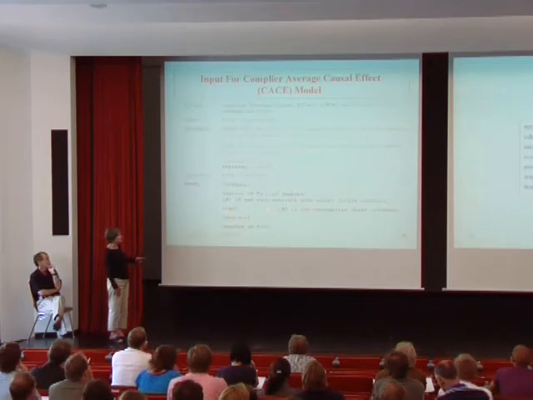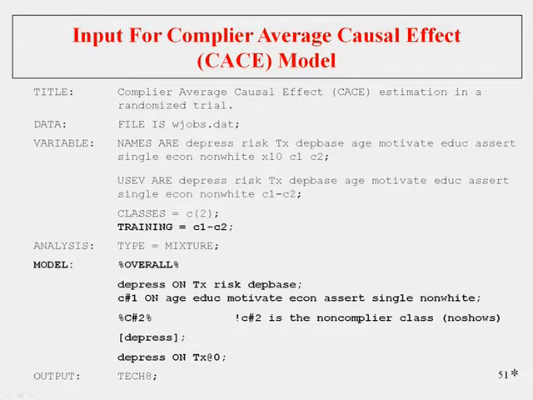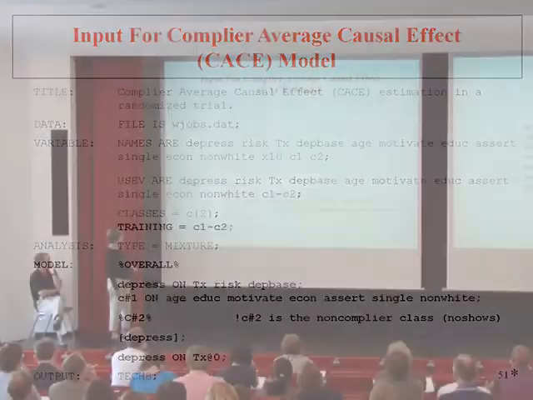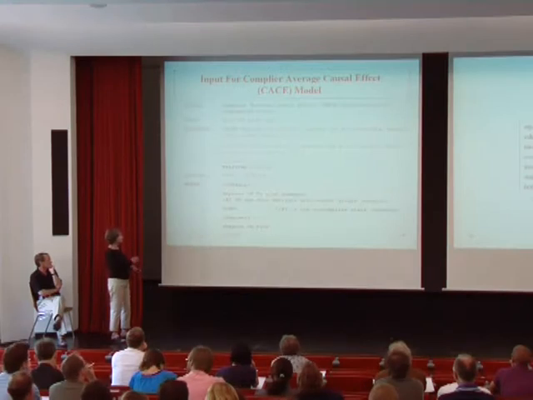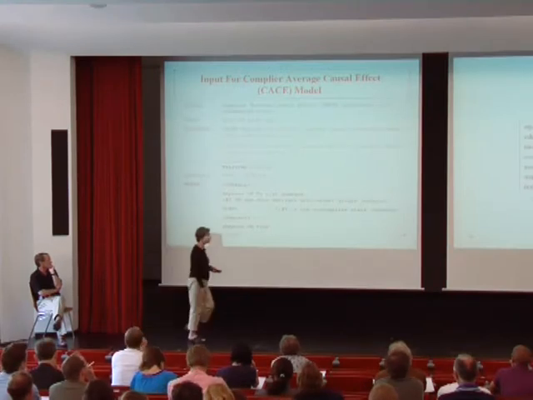So class 2 is non-compliers, depression on treatment at 0. The little at sign means fixed at. So we're saying that the regression coefficient in depression on treatment is fixed to 0 for class 2, the non-complier class. So that's an explanation of the input.